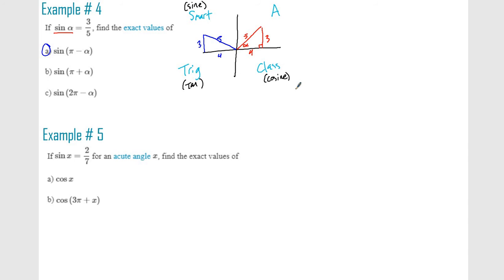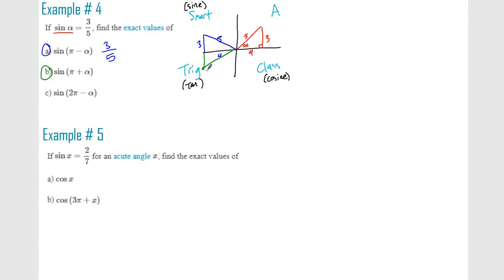Okay? So here, if we're in the second quadrant, A Smart, so sine is positive, so we know that the sine is still 3/5 positive. Let me show you again. So let's do the second one, B. Pi plus the angle. So 180 plus the angle.